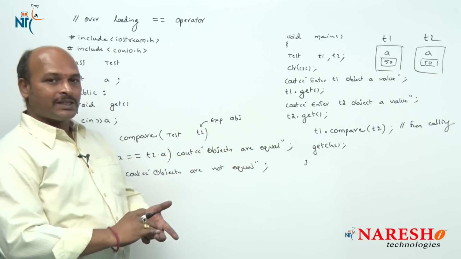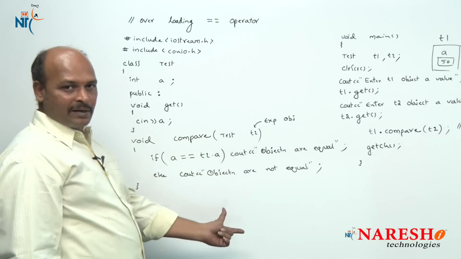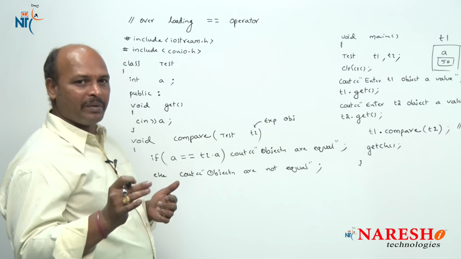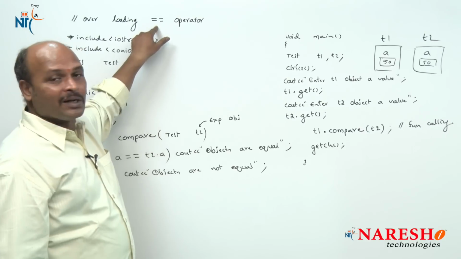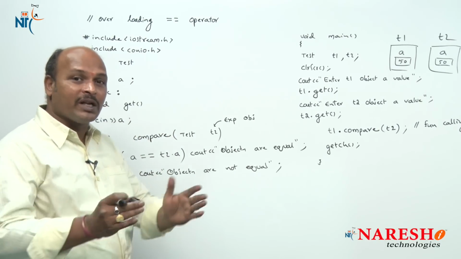Now this is how to compare by using a normal function. But I want to compare these objects T1 and T2 using the double equal operator. What is the procedure?